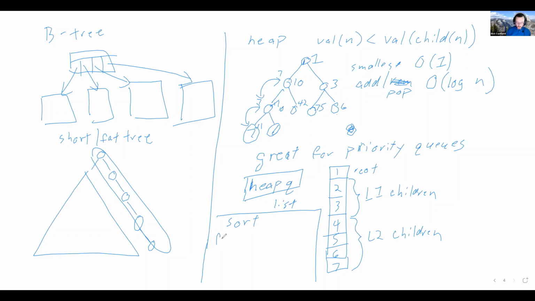So I could say for item in sequence, and then I can say while the heap has items. So that is n steps to do a log n operation.